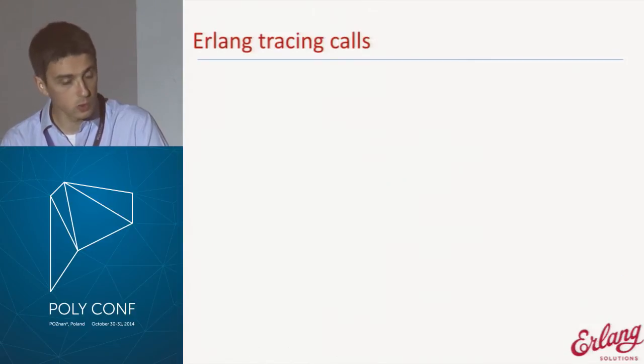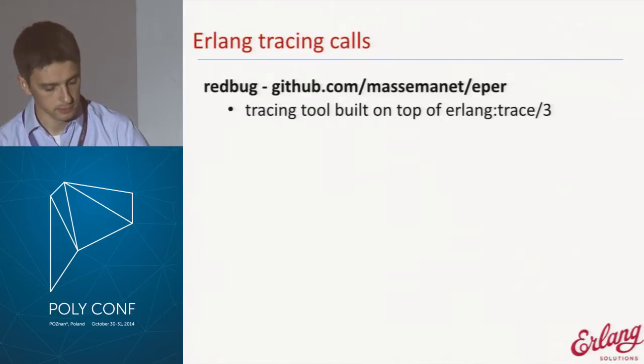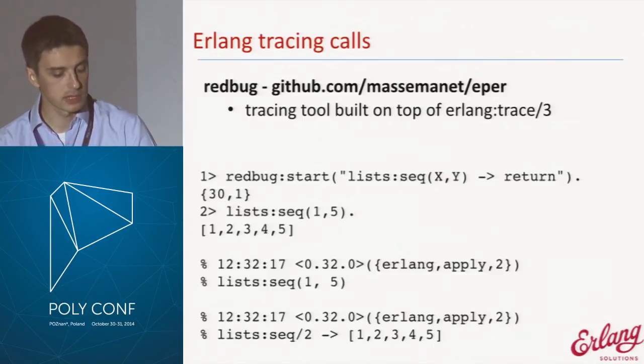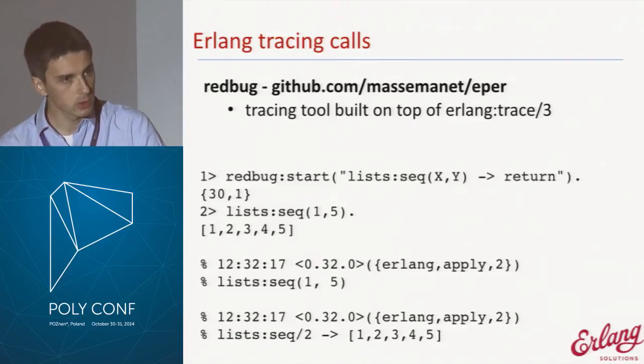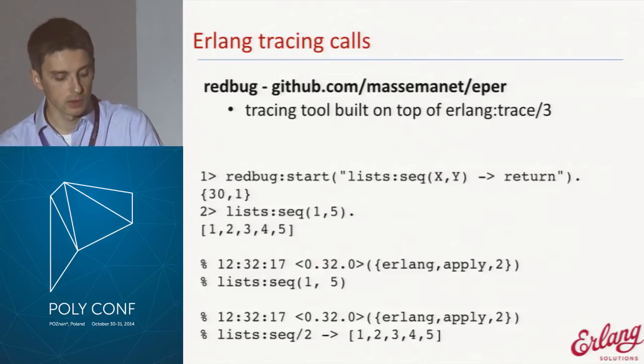So getting back to some tools built on top of the tracer. Redbug is one of them. It's built on the Erlang trace function. And it allows us to define patterns. So we say what function we want to trace, what function call we want to trace. We could have even some more sophisticated pattern here, which would also provide some conditions.